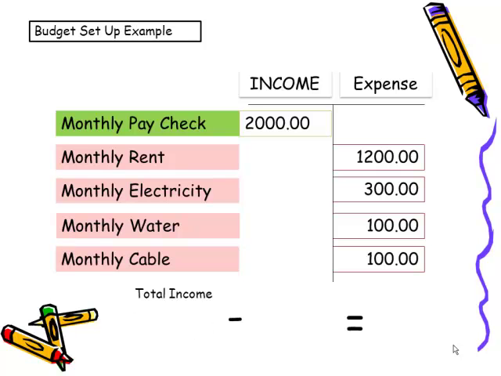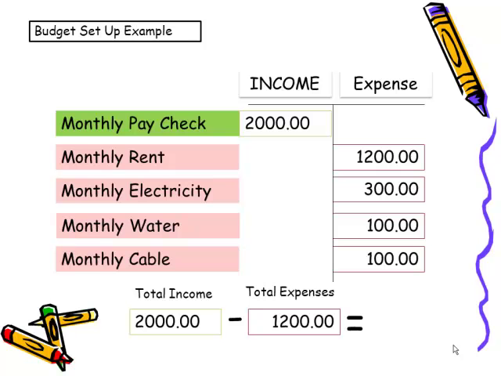We look at our total income, which we know is $2,000. By looking at your total expenses, you subtract the total expenses from your total income, which will give you your profit, or the money that you can now use for other categories or to address your want list. Very simple there.